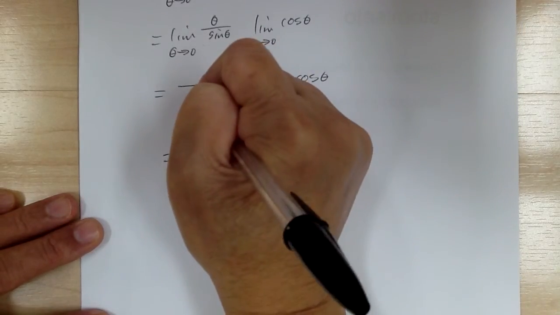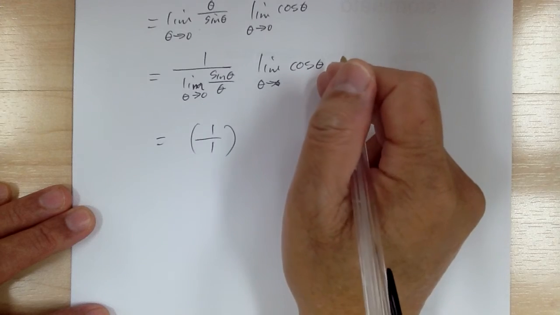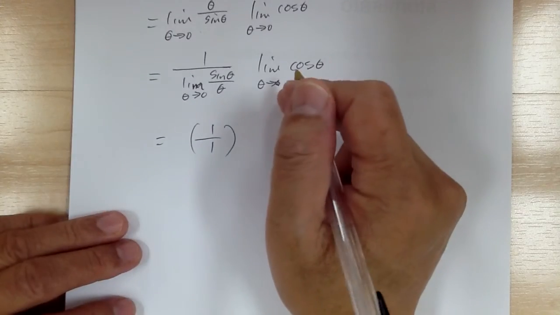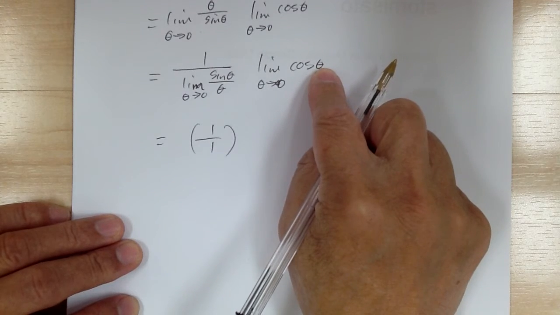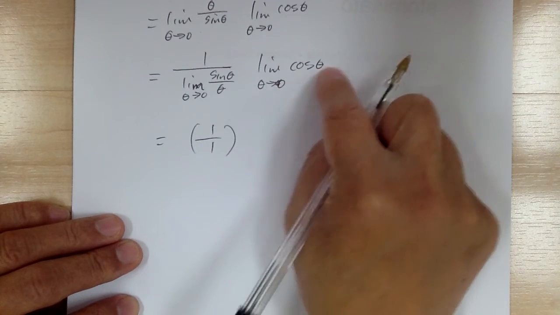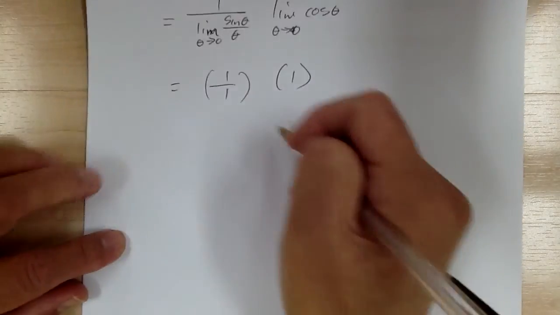So therefore this would be equal to 1 over 1. And cosine theta, this one you can substitute directly. So cosine of 0. Again, if you can substitute directly, you can do that. So cosine of 0 is equal to 1, and so this will equal 1.